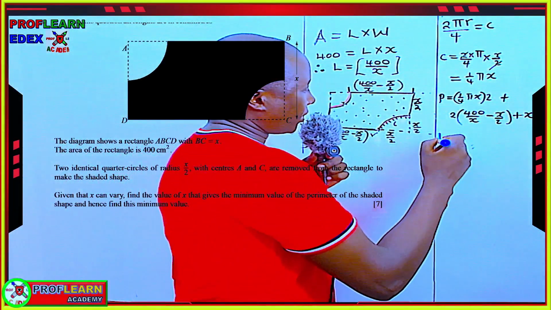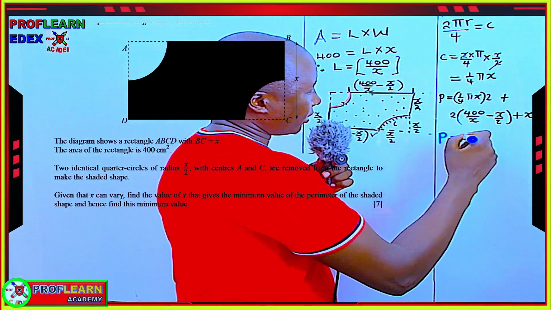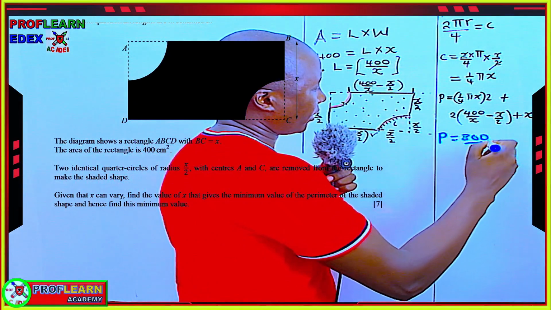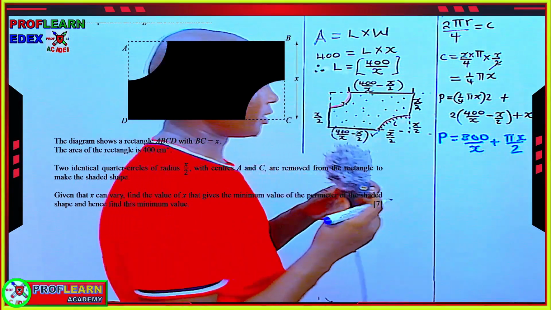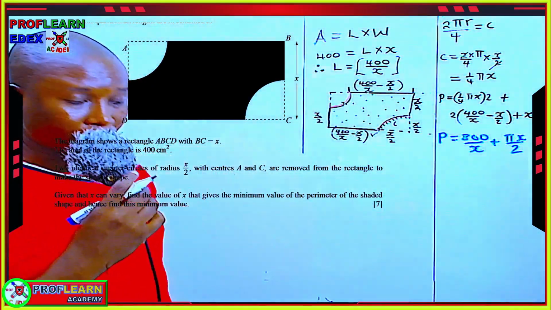Simplifying the perimeter expression, we get our answer as 800 over x plus pi x over 2. So this is the expression for the perimeter.